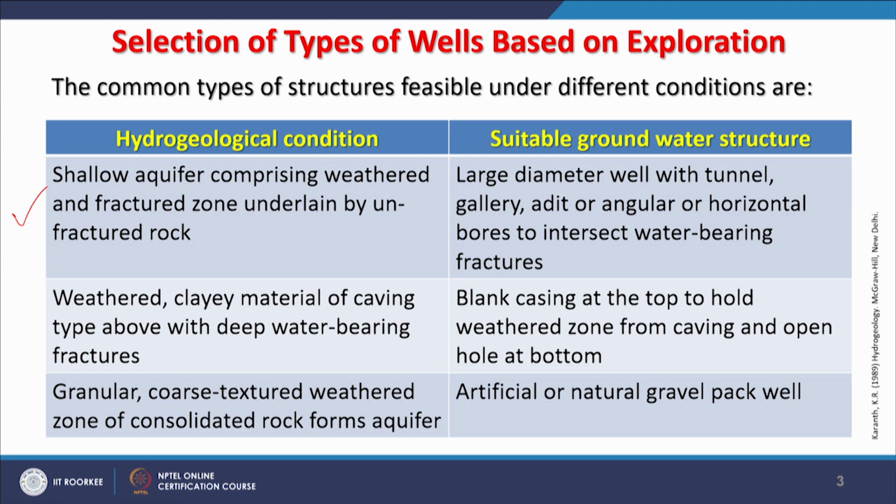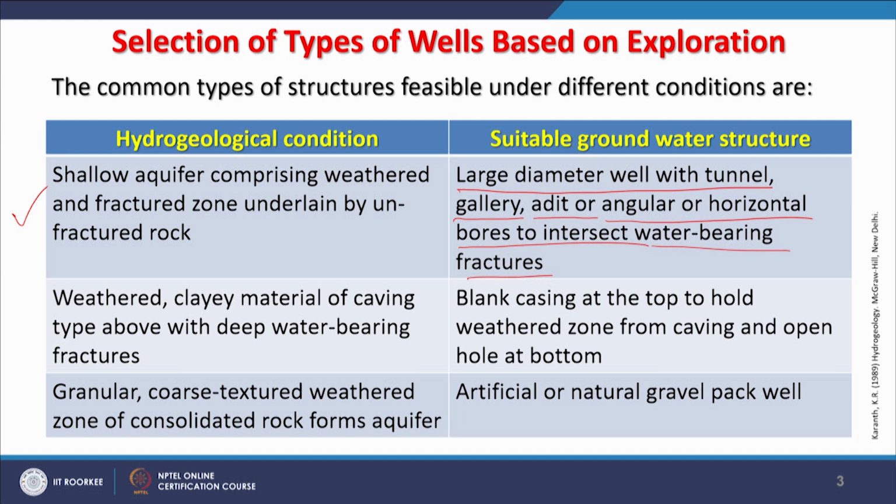For such terrains with these hydrogeological conditions, large diameter wells with tunnels in the horizontal direction, galleries or adits, and angular or horizontal bores to intersect water bearing fractures are suitable. Because here the main carrier of water, the secondary permeability, is provided only by the fractures present in the rock and within this weathered zone.